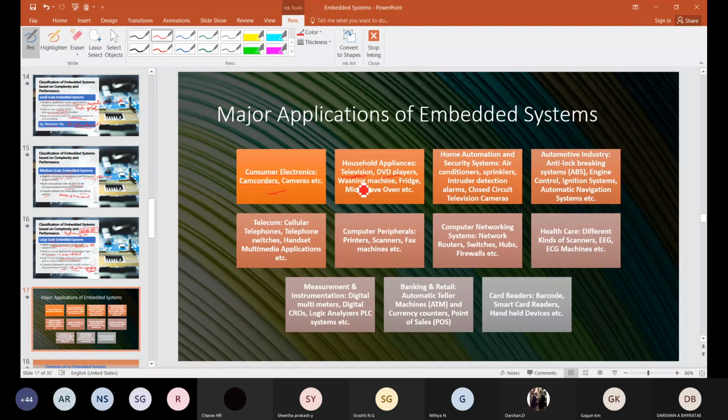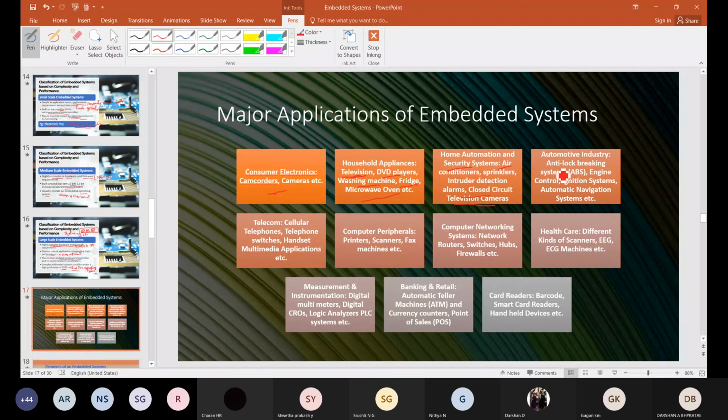DVD players, washing machine, microwave oven, refrigerator, all these are examples of embedded systems under household applications. Similarly, home automation like automatic door lock, television camera, CCTVs, alarms, air conditioners, all these are again examples of embedded systems.